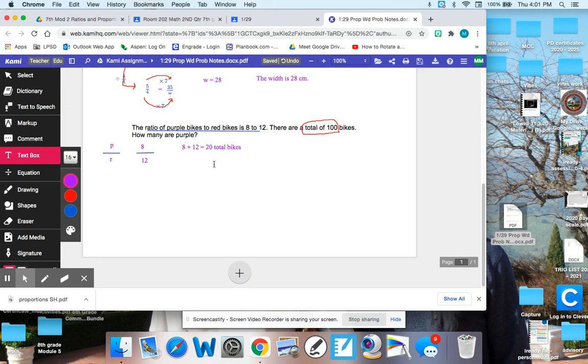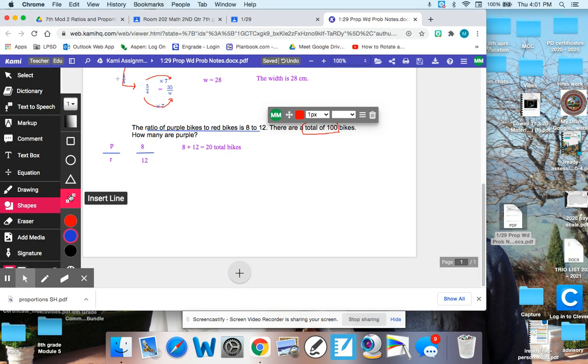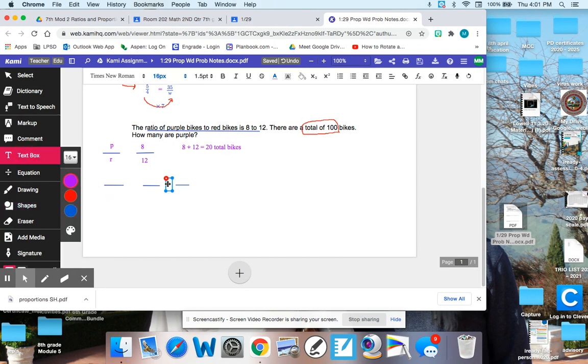So now we're going to use that information to find out how many are purple out of 100. So we know now we're going to change this to our new ratio, which is going to be, draw out my 3 lines, okay, and put my equal sign in between.